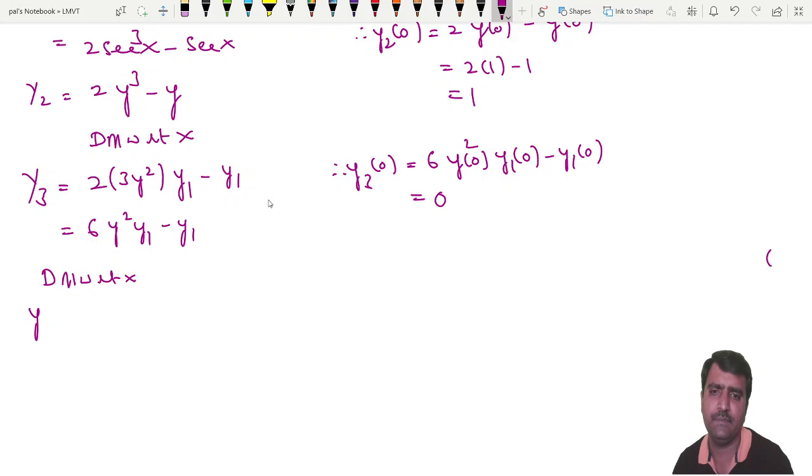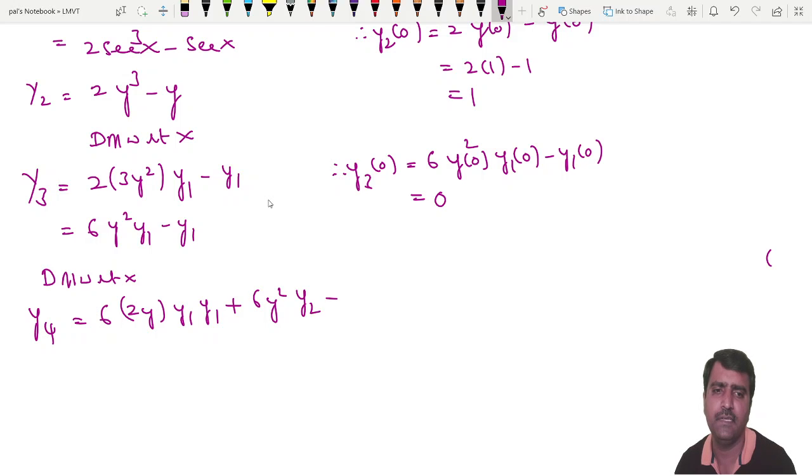Differentiating with respect to x, y4 is equal to 6 into the differentiation of y square, which is 2y into y1, and then y1 stays as it is, plus 6y square as it is into the differentiation of y1, which is y2, minus the differentiation of y1, which is y2.